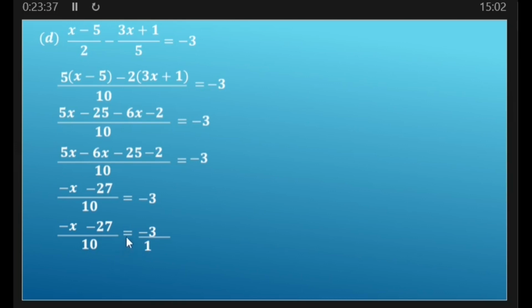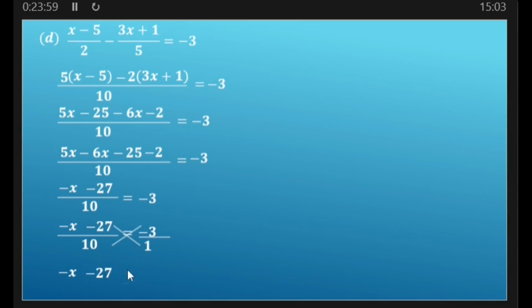So we'll cross multiply to clear out the fraction. This term which contains the x, -x minus 27, times 1 gives us the same, -x minus 27, because anything times 1 is that thing.